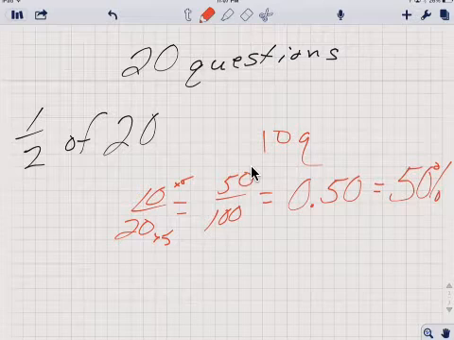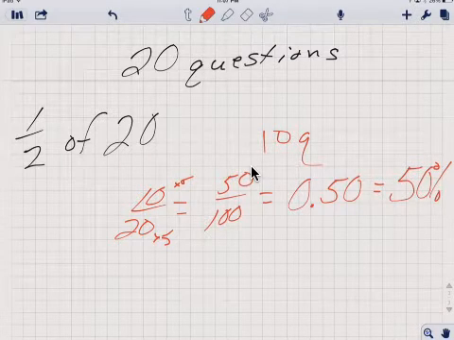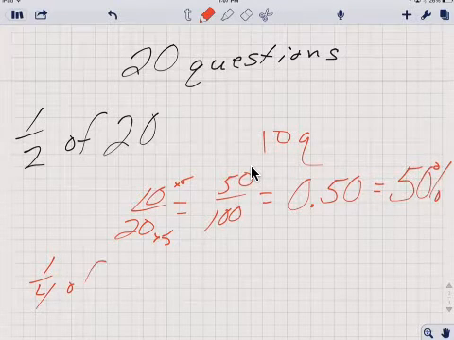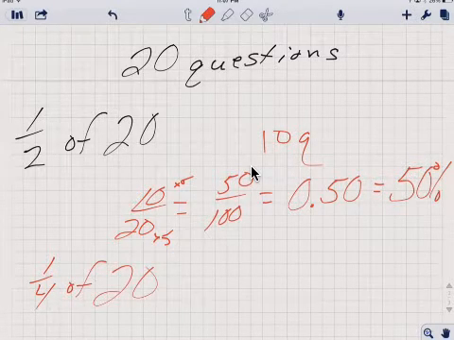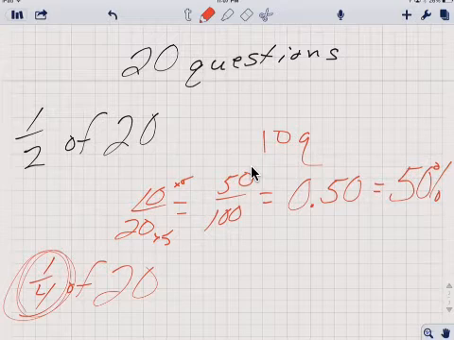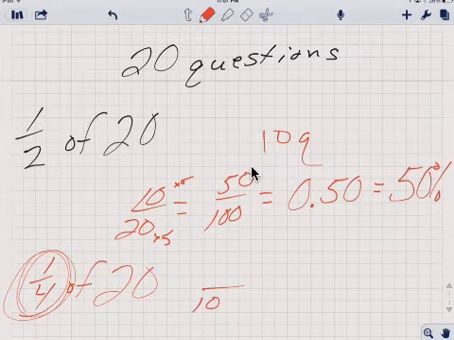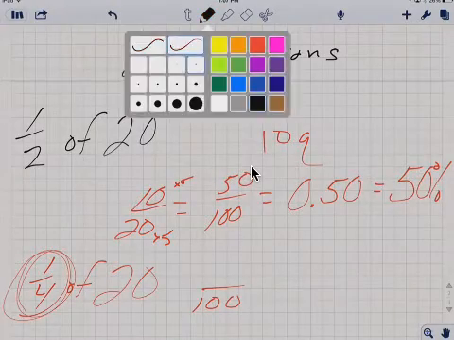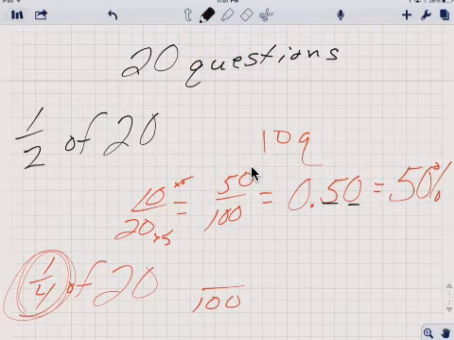So 10 out of 20 questions would be 50%. So you're going to be doing different associations, maybe something like a quarter out of 20. Again, take that quarter. If you can make it have a 100 on the bottom, it's a perfect percentage because you're going to put your 2 numbers into the hundredths place, tenth and hundredths place, just like you need.